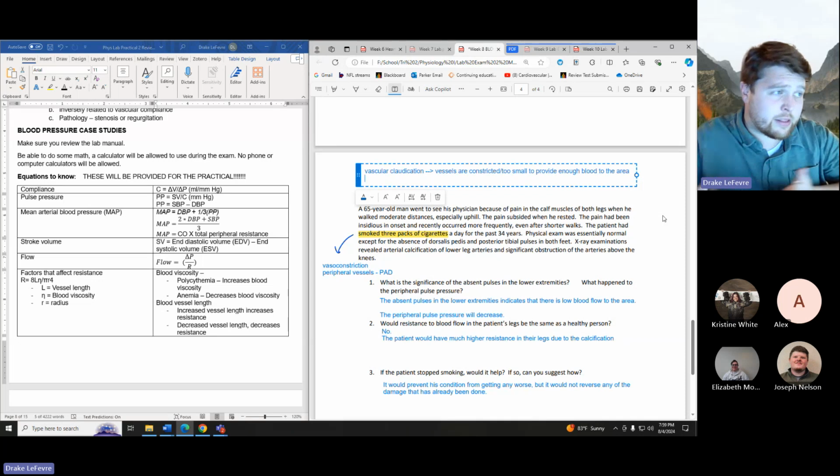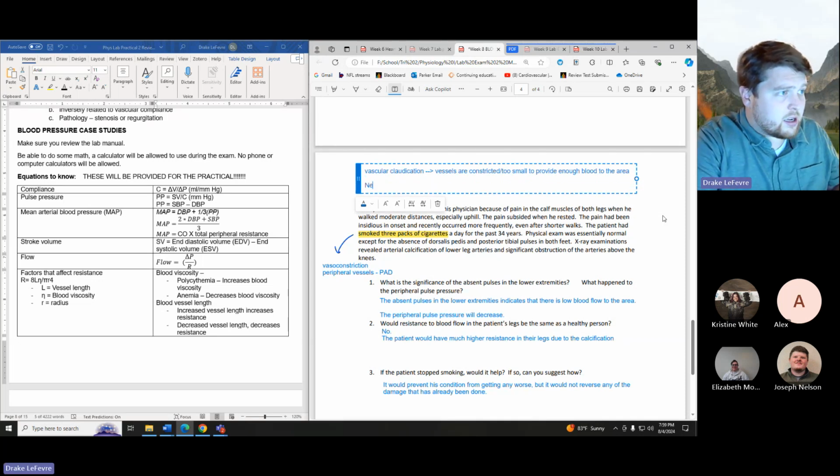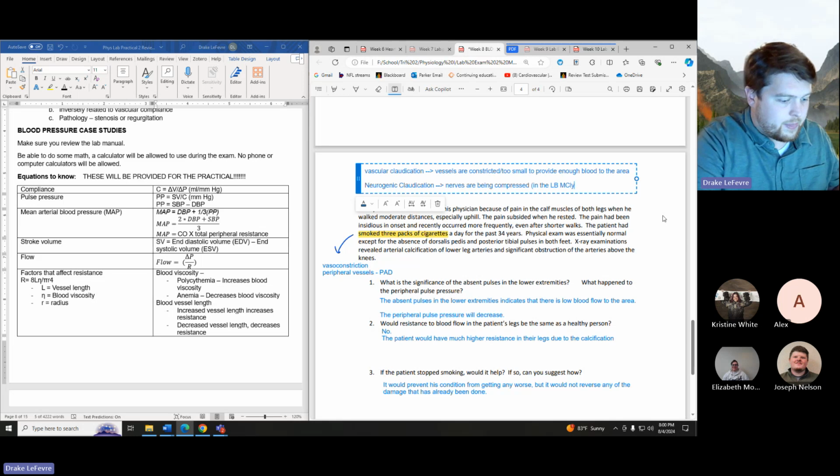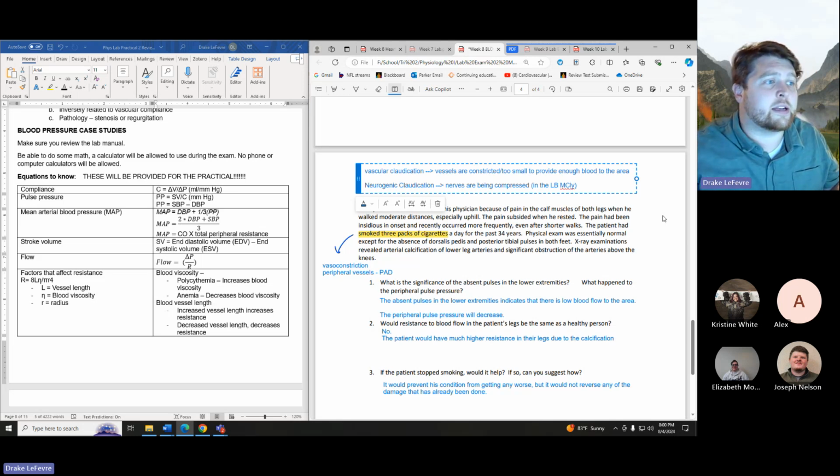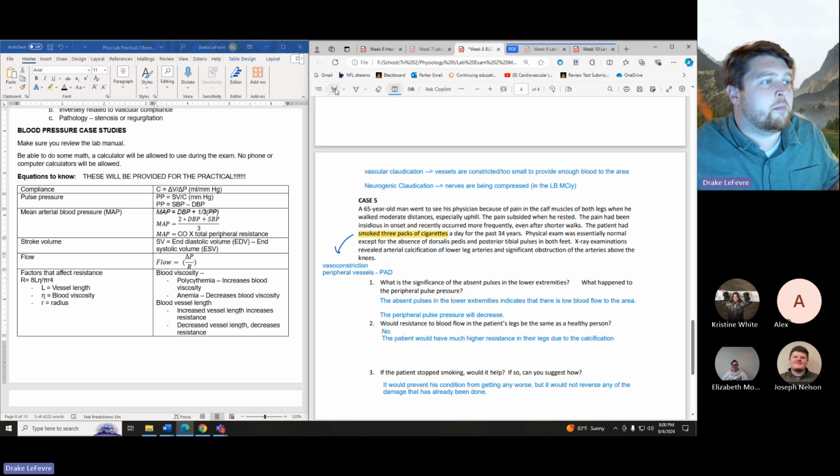I'm going to give you another one like it, neurogenic claudication. Nerves are being compressed, most commonly in the low back. These two can present very similarly. The big difference: vascular claudication subsides when he rests.